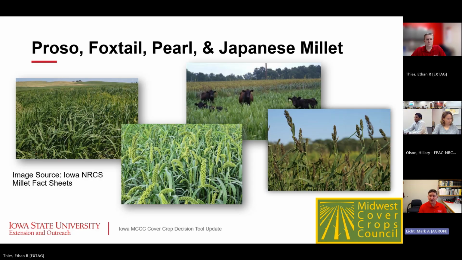Foxtail, like some of the other millets, tolerates droughty conditions really well, although one of its limitations is that it has minimal regrowth after cutting or grazing.